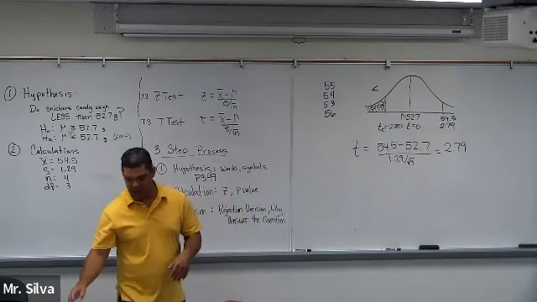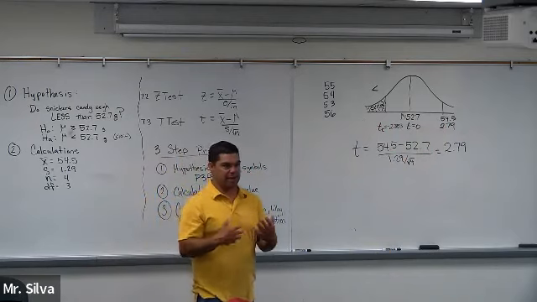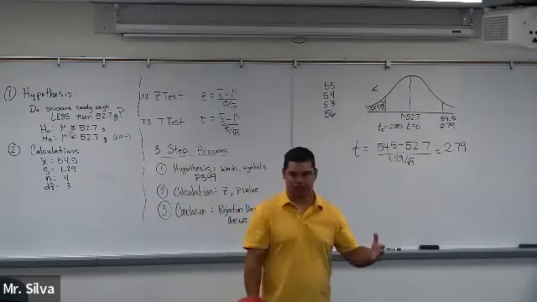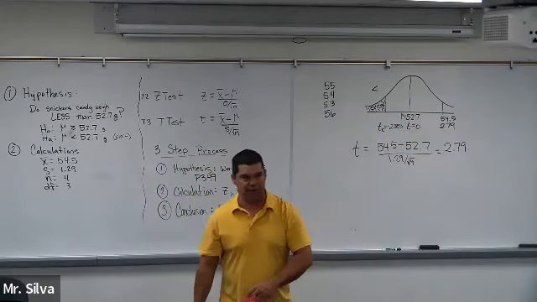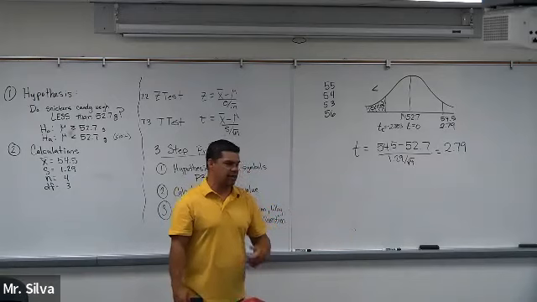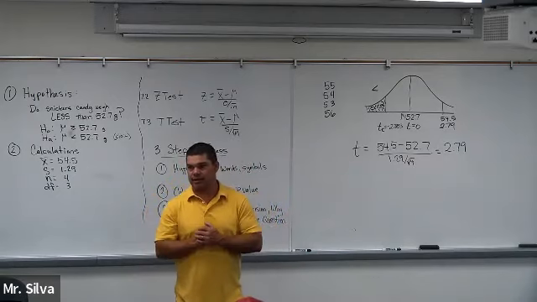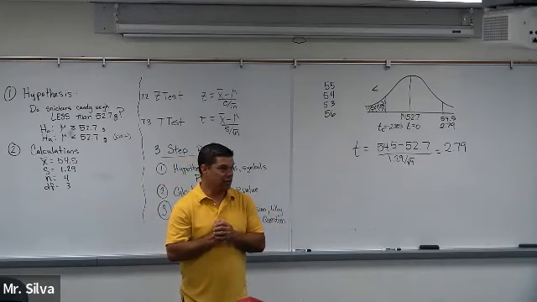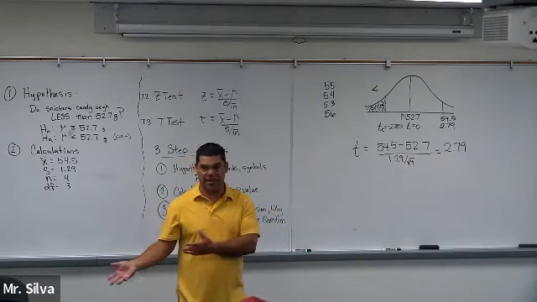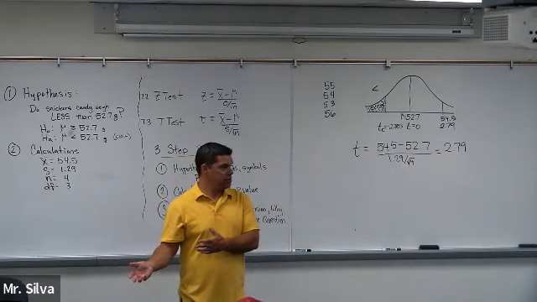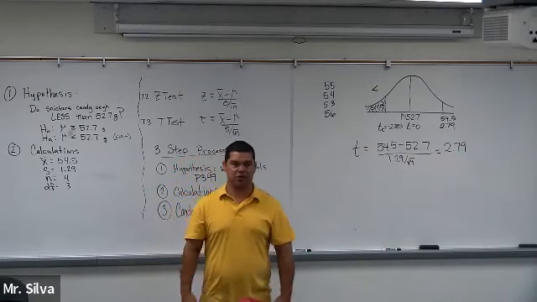But again, I would avoid that because it might cause a little confusion. It's another formula to come up with, another calculation. The great thing is that our calculator will calculate the p-value by doing a t-test on the calculator. We have the data in list 1. So let's go ahead and go straight to it. Let's do a t-test.